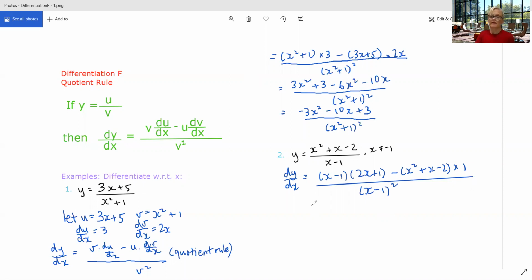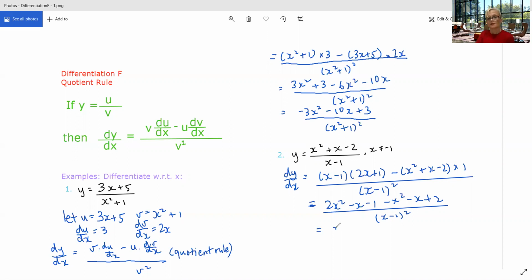Okay, let's expand, gather like terms, etc. So in our numerator, what have we got? We've got 2x squared plus x minus 2x and minus x minus 1, and then minus all of this. So minus x squared minus x minus negative 2, which is plus 2. Get a straight line happening again. All over our x minus 1 squared.